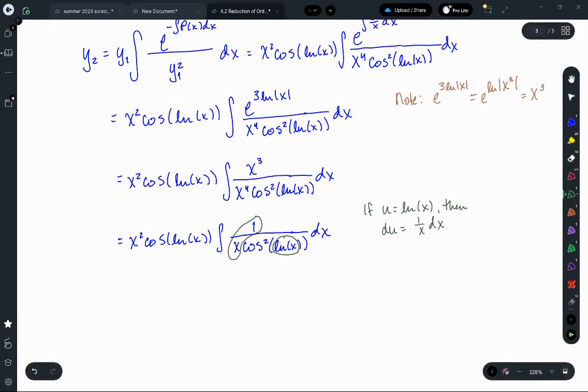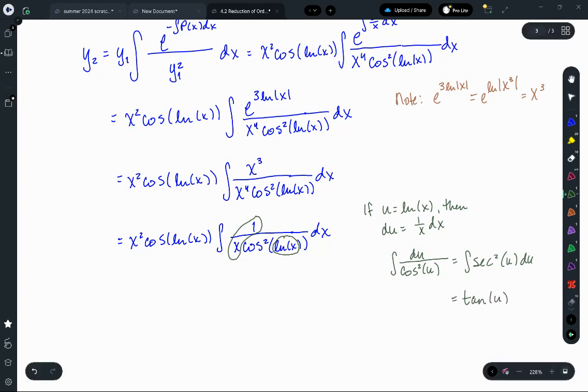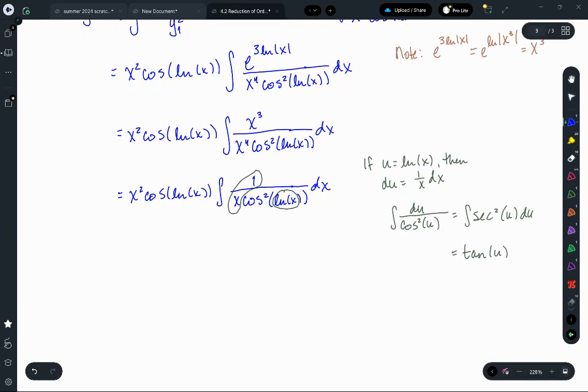A u sub here would lead to, well, the 1 over x dx is just replaced by a du, and then I have cosine squared of u. So this simplifies to the integral of secant squared of u du. And the antiderivative of secant squared is tangent of u.